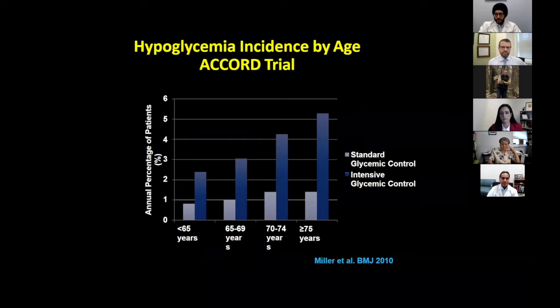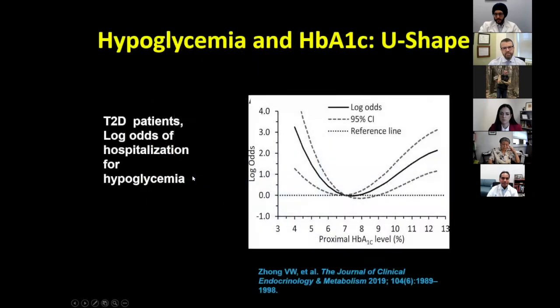And what we found was that for patients in the intensive glycemic control arm, there was an increased mortality rate. And when we looked at frequency of patients being impacted, it was the older adults in the 70 plus age groups who were disproportionately affected. So again, emphasizing protecting the at-risk population.